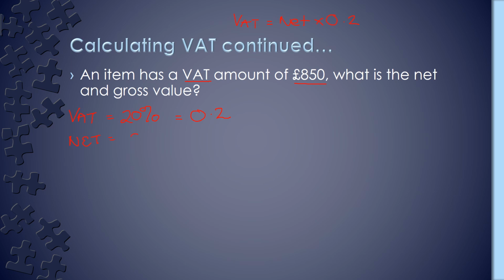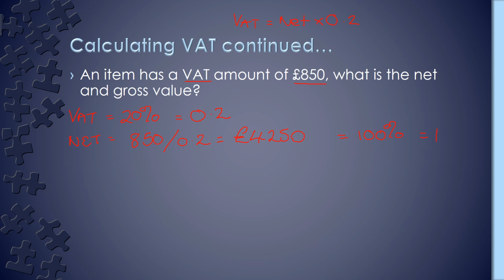So our net is actually going to be 850 divided by 0.2. We all do that together, which gives us a figure of 4,250. And that's going to be our 100%.